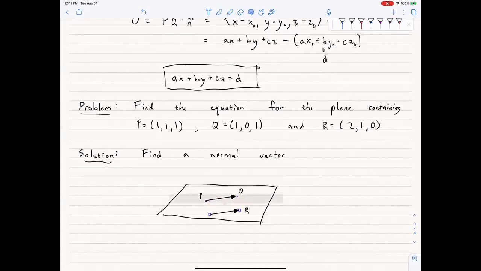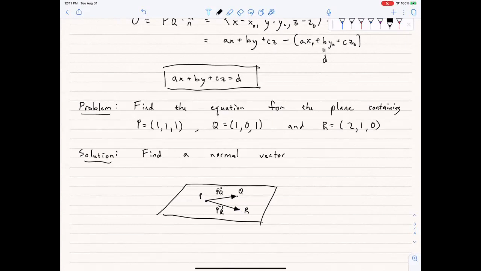I'll take PQ and PR. There are 2 displacement vectors on the plane, and I need a vector that's orthogonal to both of them.